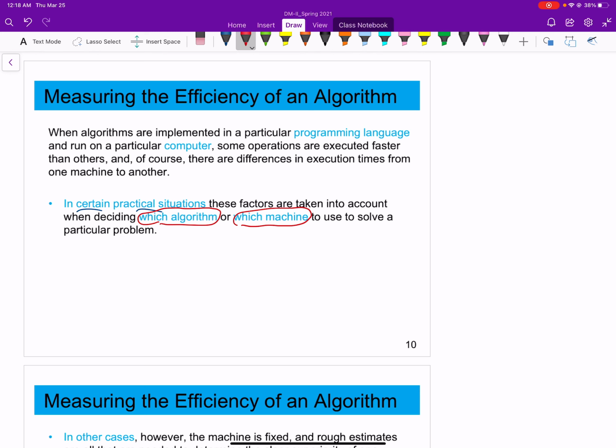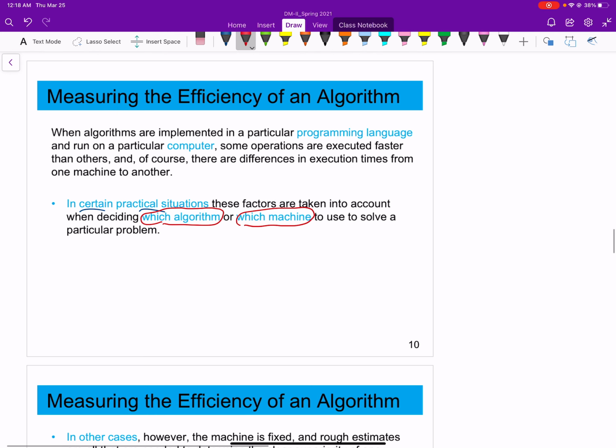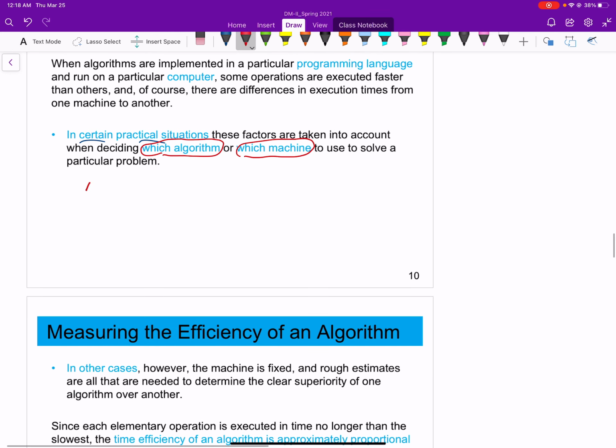As an example, let's say you have two algorithms. Algorithm 1 has many for loops. That's algorithm 1.